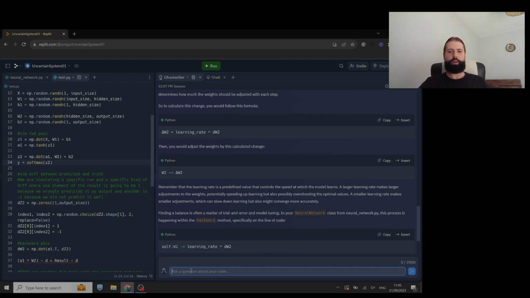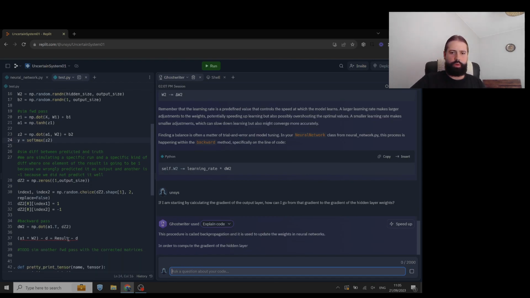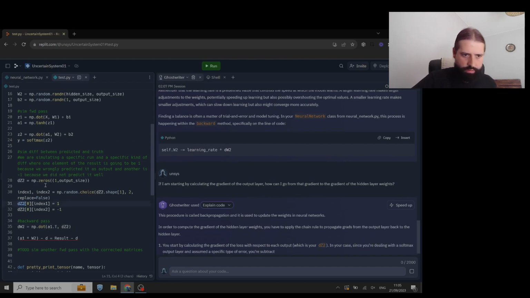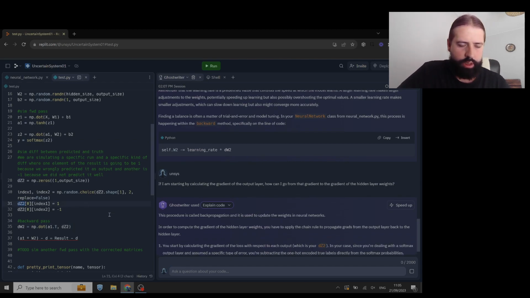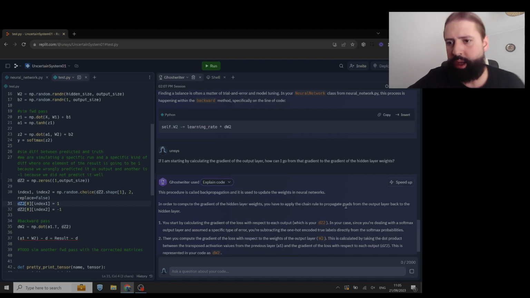That is what's happening here. What I have here is dZ2, the gradient of the output layer. So for the hidden layer weights, you have to apply the chain rule to propagate gradients. Okay.